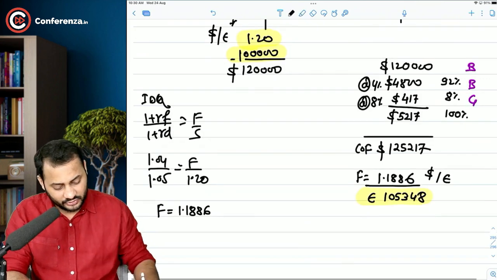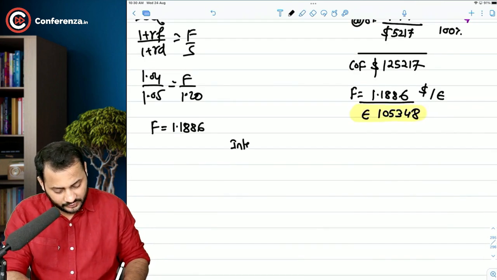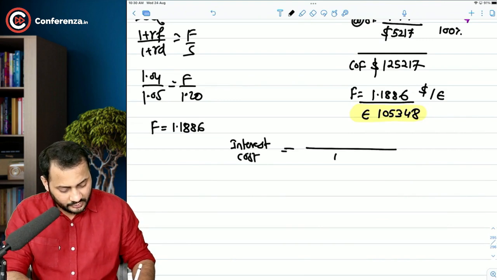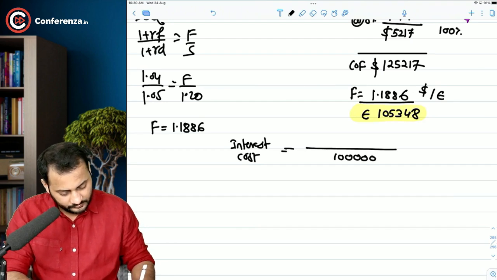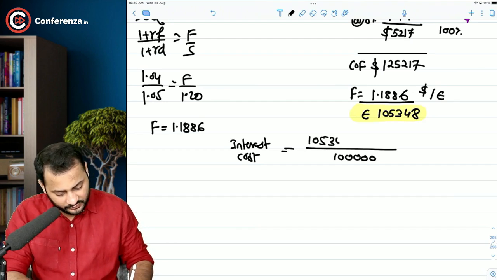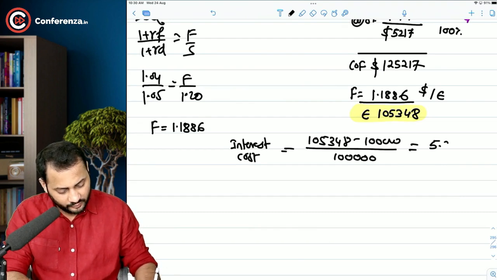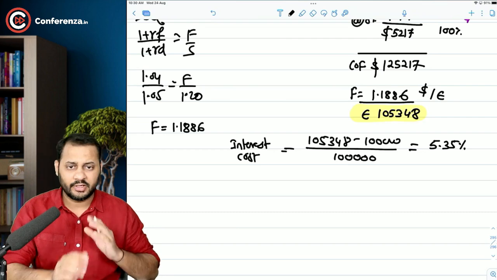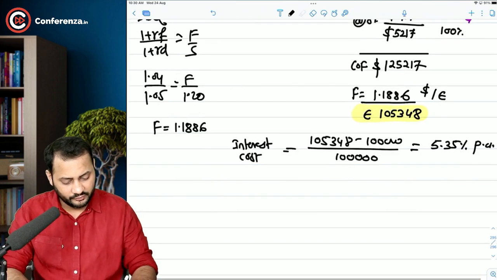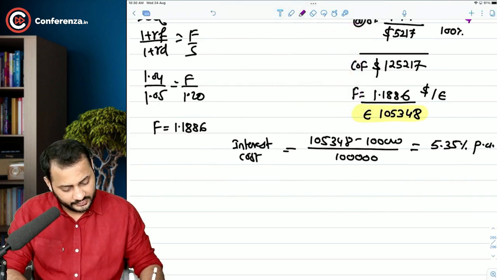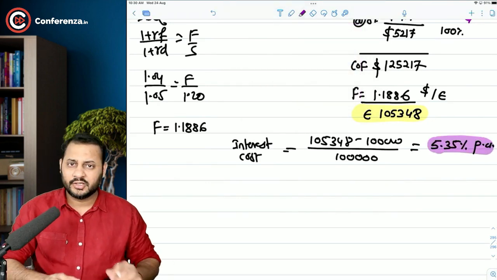So the net interest cost to you in terms of euro is very simple, sir. 1 lakh was required and you paid 1,05,348 minus 1 lakh. So that's around 5.35%. Why 5.35%? Rounded off from 5.348%. Do you get that?